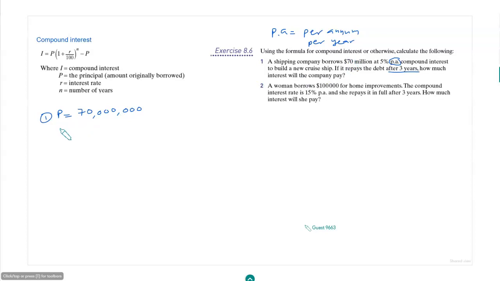What is the rate? 5. What is n? 3. n is the number of years. That's all you need, right? Yes, sir.